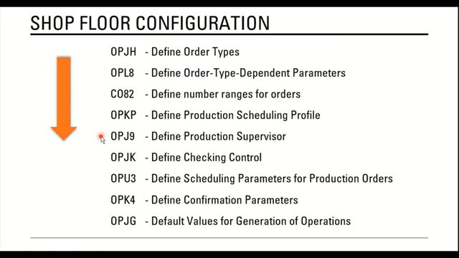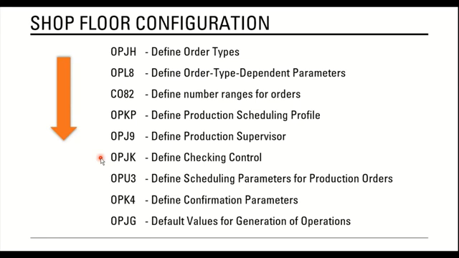And we assign the production supervisor along with the production scheduling profile, and we can default them into the material master. So whenever we create a production order, based on the combinations that we maintain in the material master, those parameters will be defaulted into the production orders.